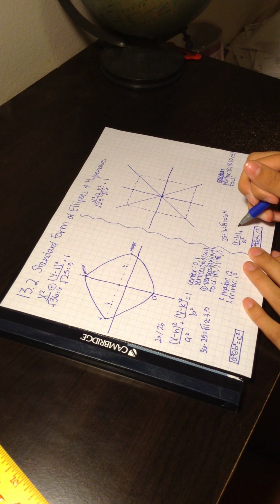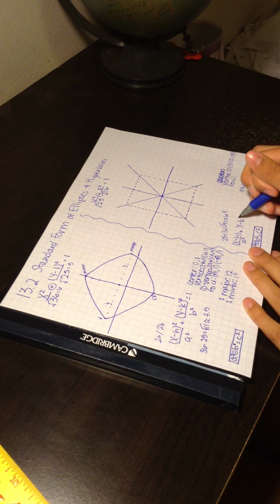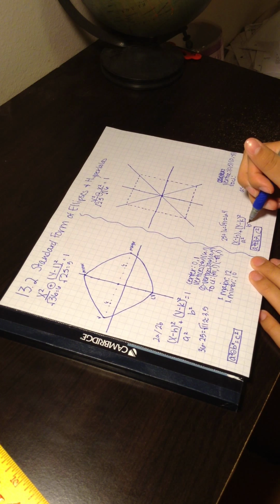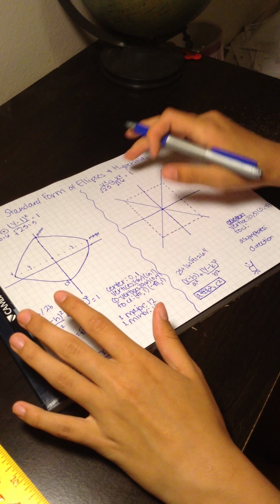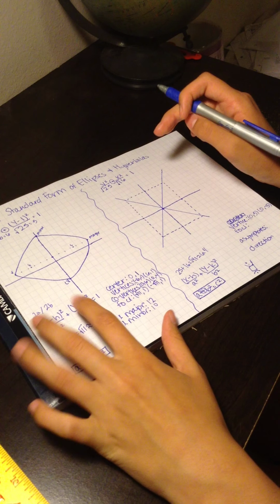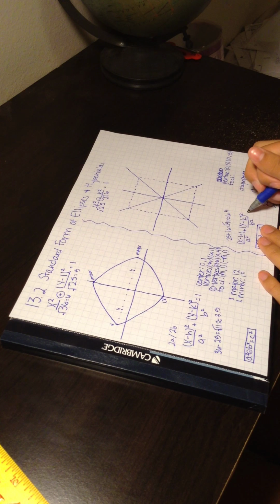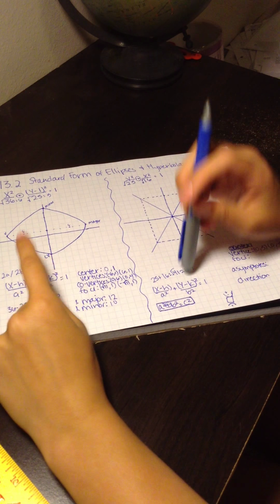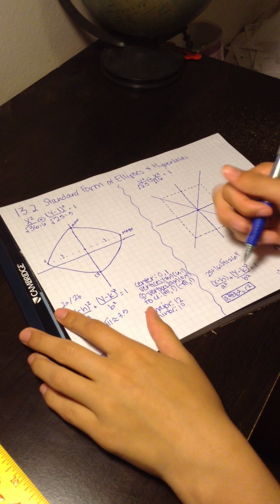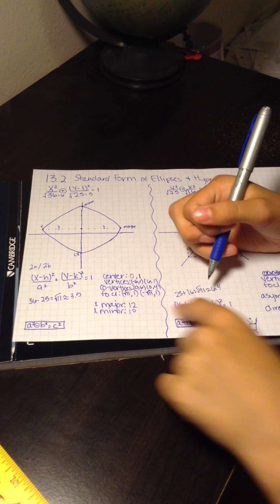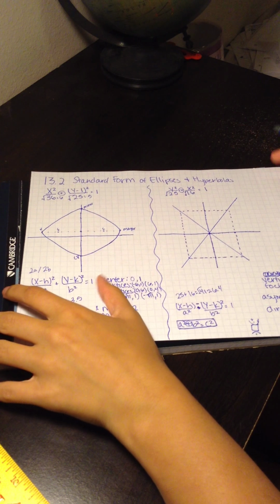The nice thing about hyperbolas is that a normally comes first, but a can be either x or y, whereas it is different for ellipses. And then all of these equal 1. So these equations look very, very similar, but they're not, because this is subtracting and this is adding.